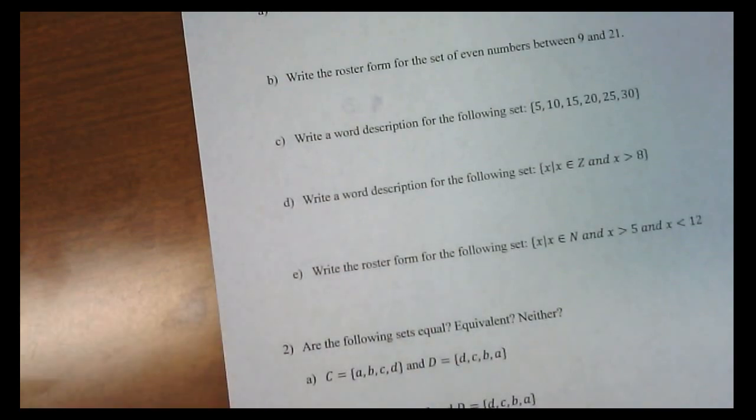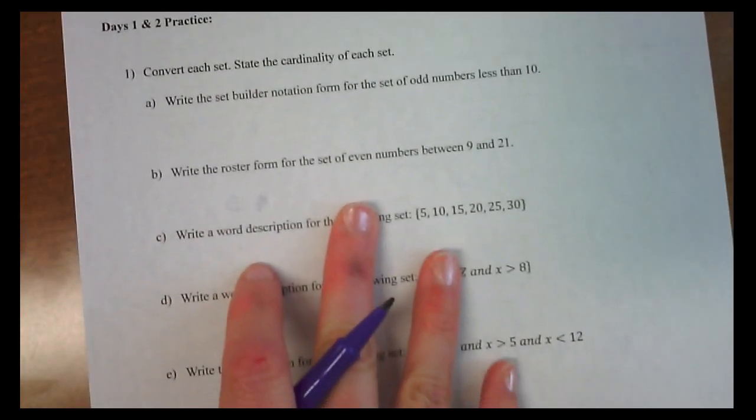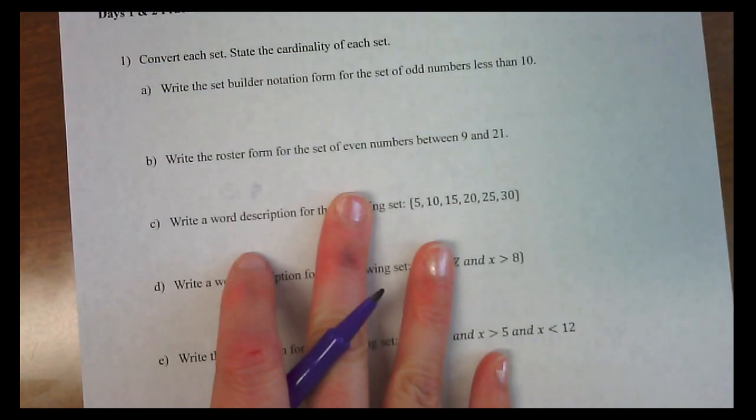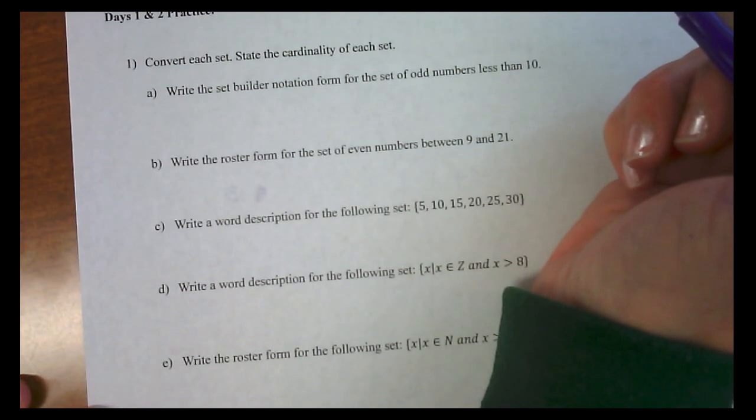We're going to go on to the practice page next. So for our practice page, it says convert each set, state the cardinality of each set. It says write the set builder notation form for the set of odd numbers less than 10. So odd numbers less than 10.